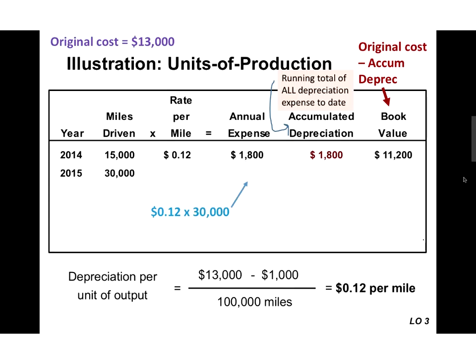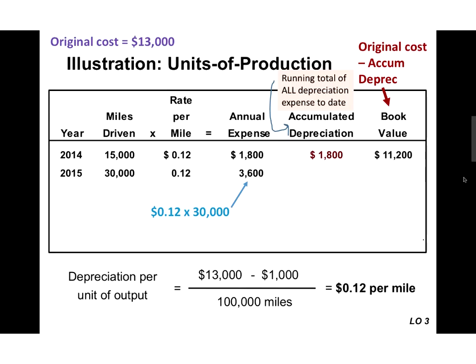Year two, we have 30,000 miles driven times 12 cents is going to give us $3,600. And the $3,600 again is the 12 cents times the 30,000 miles driven this year.